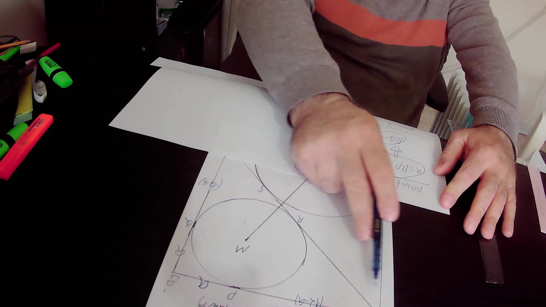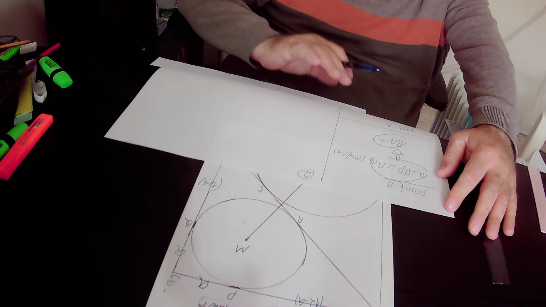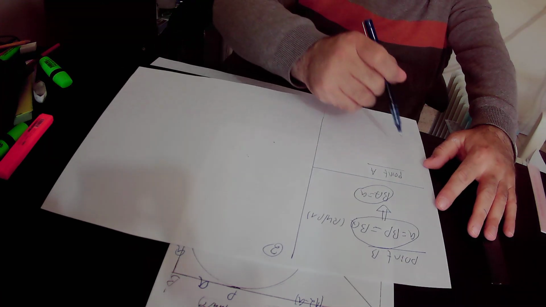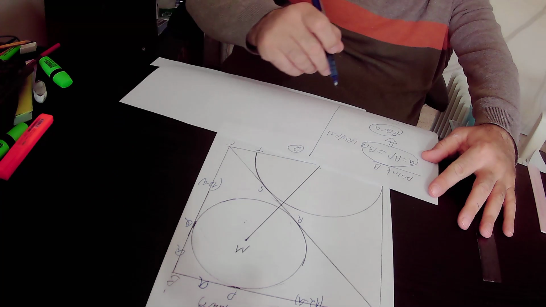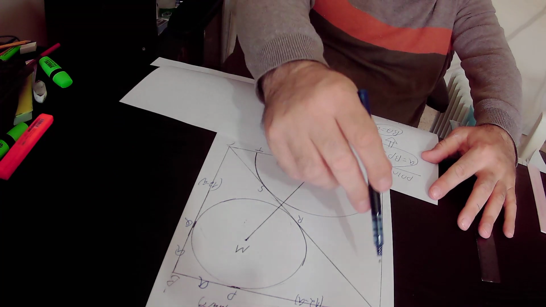The first tangent is tangent AP, and the second tangent is tangent AR.